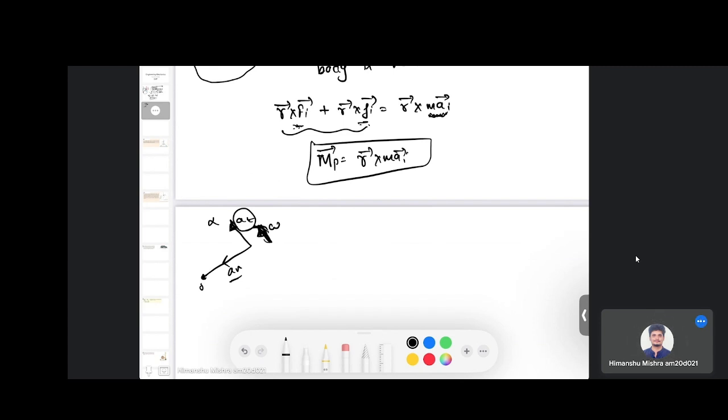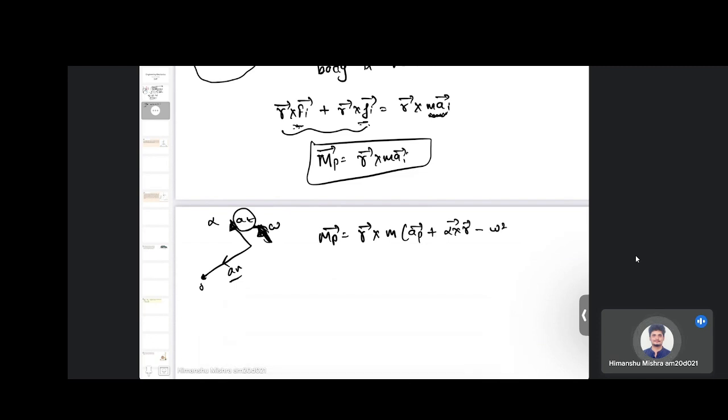So the summation of moments about point P can be written as r cross m a_P, which is the translational acceleration, plus alpha cross r minus omega square r.